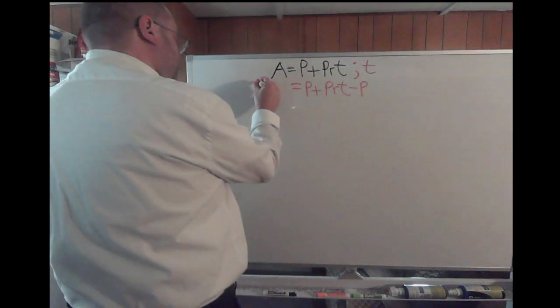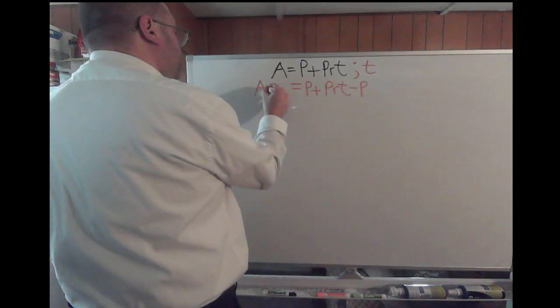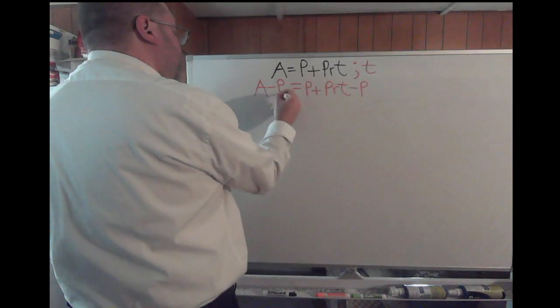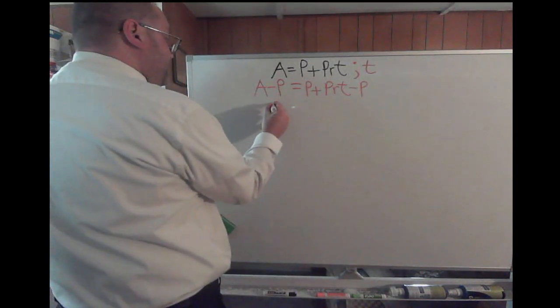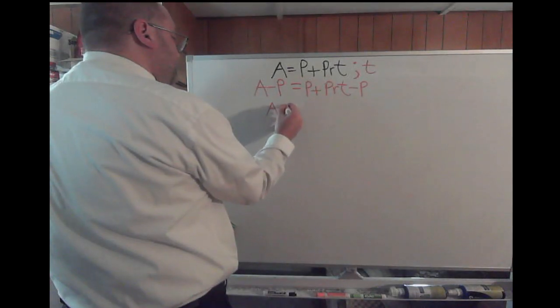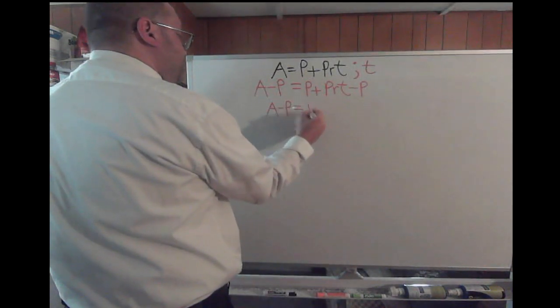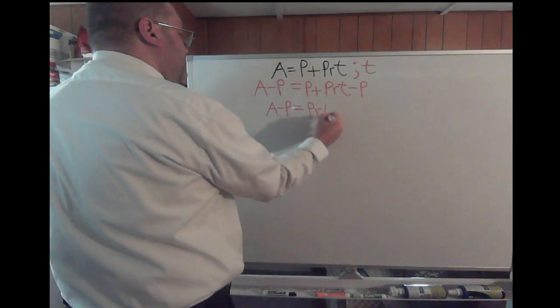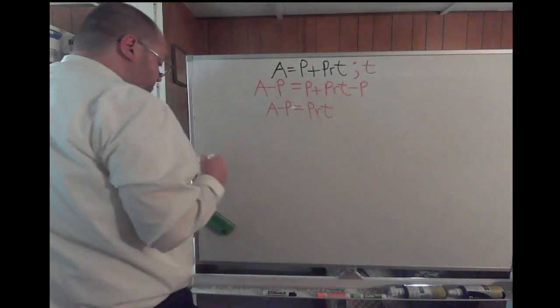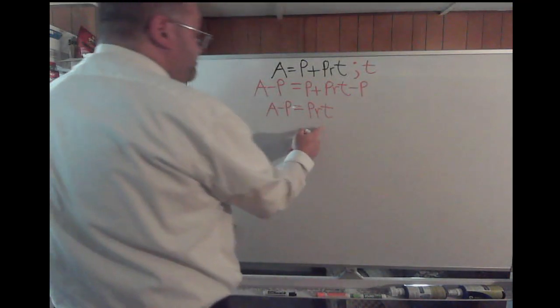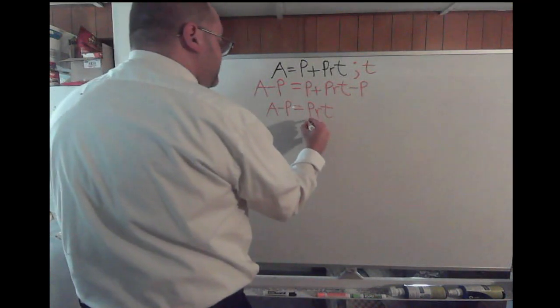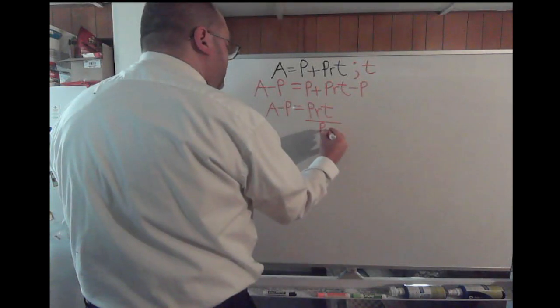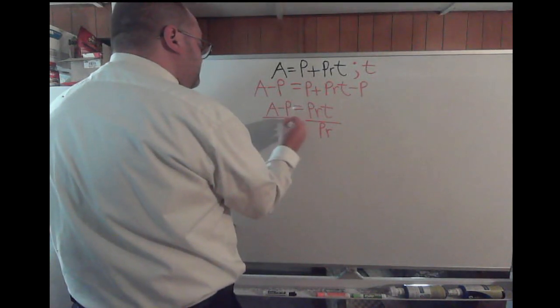But what you do to one side, of course, you must do to the other. So you'll take a minus p on the left. So the left side, you'll have a minus p. The right side simplifies into PRT. Well, we want to solve for just t. We have PRT. We need to divide both sides by PR in order to get t by itself.